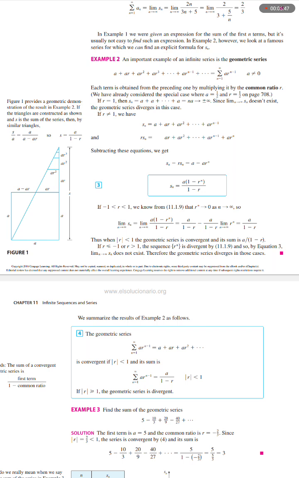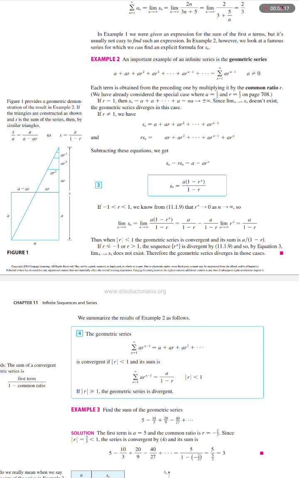So the limit as n approaches infinity of S sub n equals the limit as n approaches infinity of A(1 minus R to the power n) over 1 minus R equals A over 1 minus R minus A over 1 minus R times the limit as n approaches infinity of R to the power n equals A over 1 minus R.